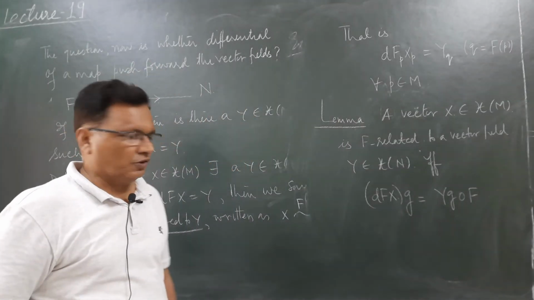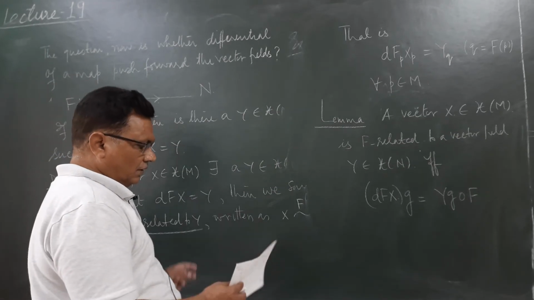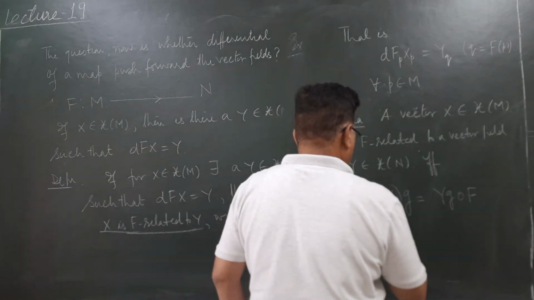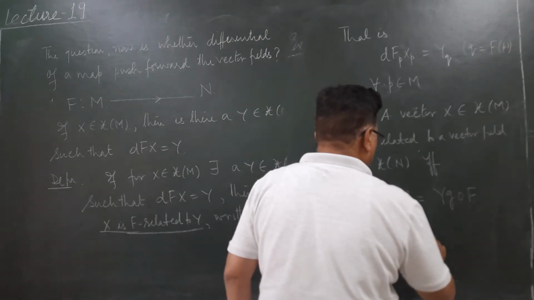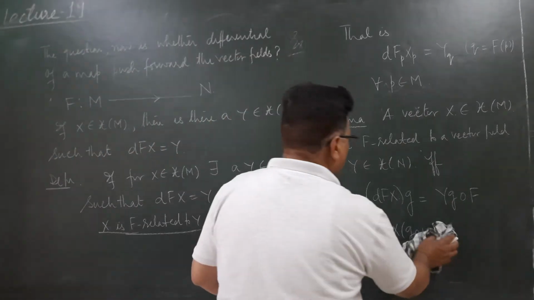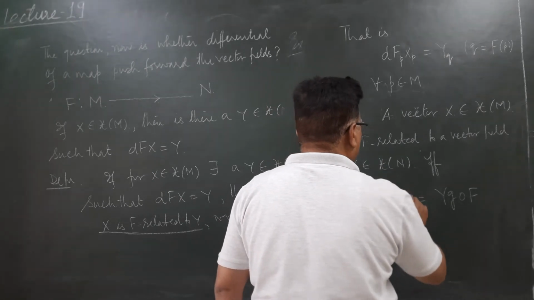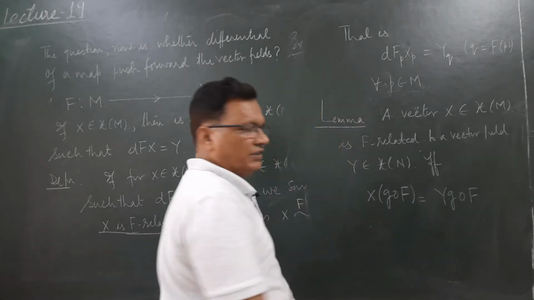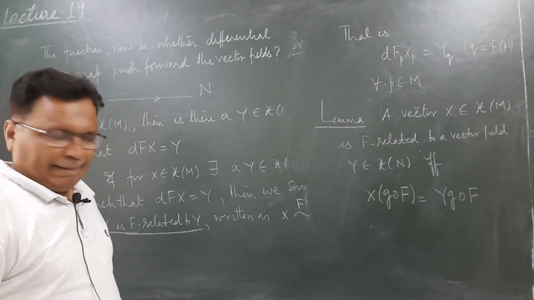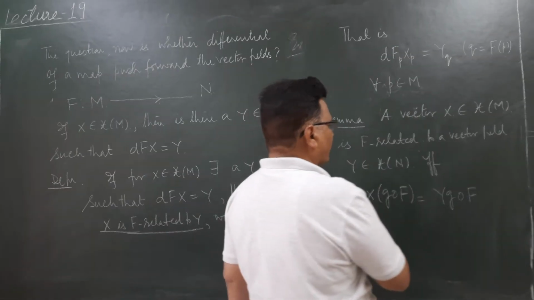Look at this carefully and understand what this relation means. Or I can say x operating on g composition f, this is better; do not use the word df now, I have already done that above. So write it as x operating on g composition f is equal to yg composition f. Did you understand? The left hand side is a function on M, and what is this?